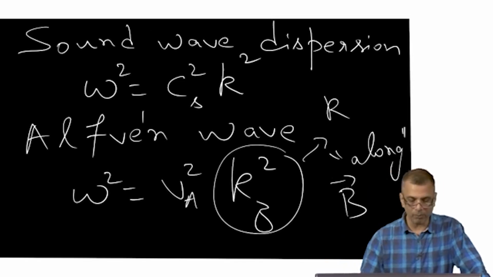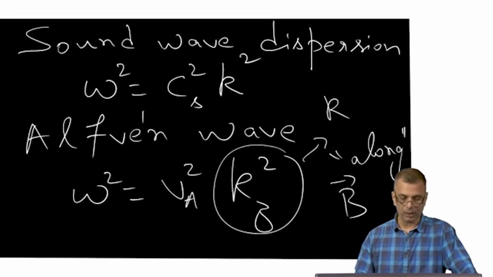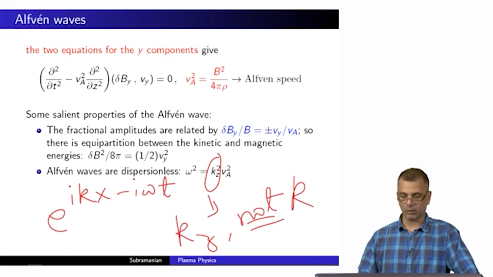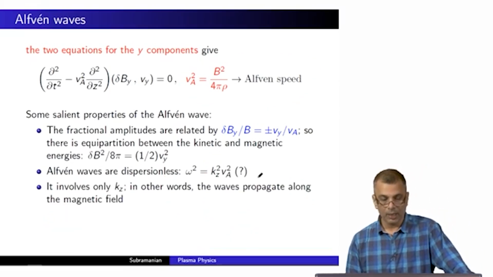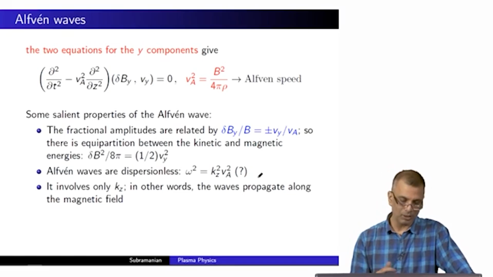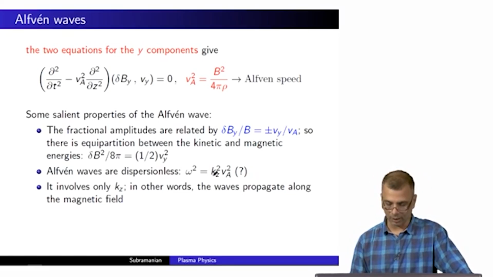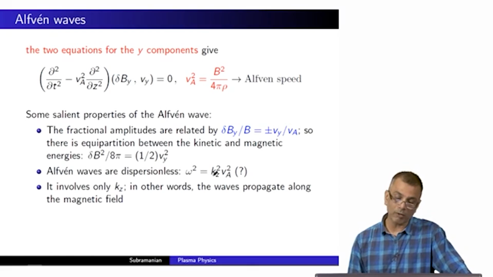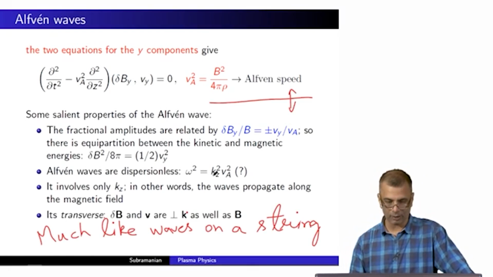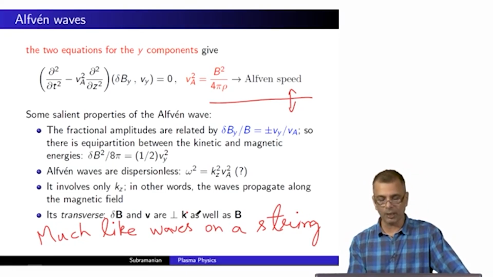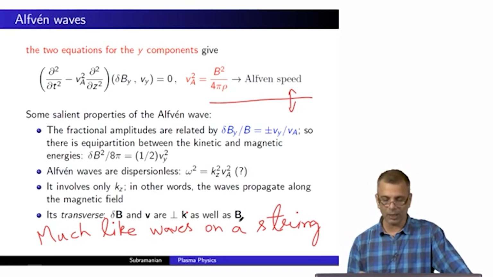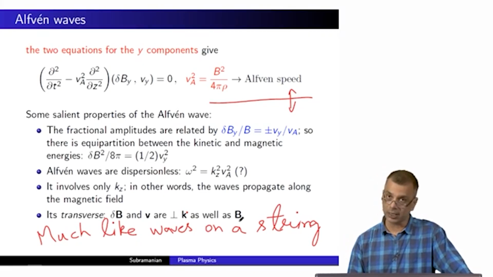So, this is very important to keep in mind. So, kz, not k, right. It involves only k sub z. So, that's clearly the case. In other words, the waves propagate along the magnetic field, like we have said, and it's transverse, the delta B and V are perpendicular to k as well as to B. As we have already remarked, they are much like waves on a string.